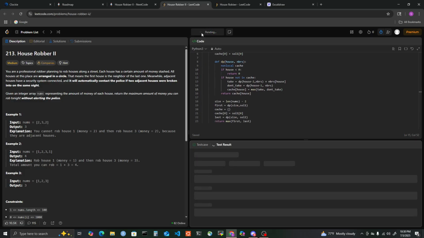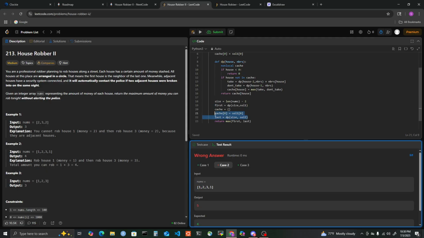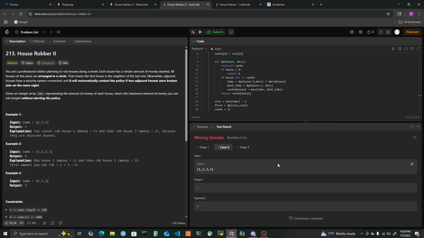Okay. I don't think this will work. I think this might actually cause an error. Interesting. Where do we get this 5 from? It would be impossible to get a 5 regardless of whatever method we do. How did we get this 5?